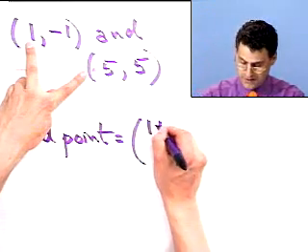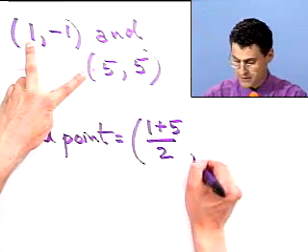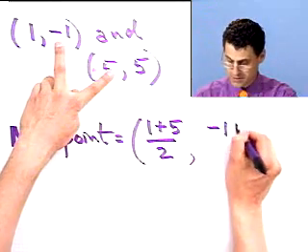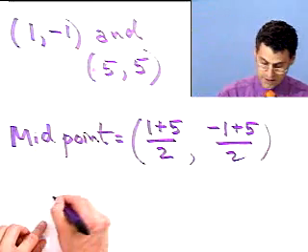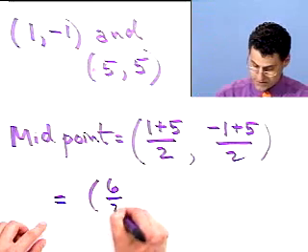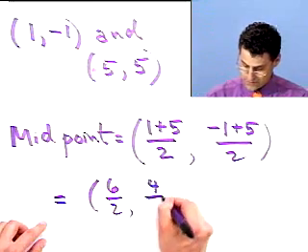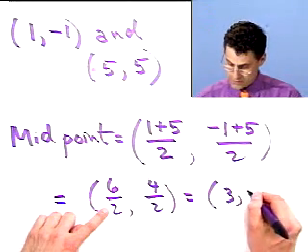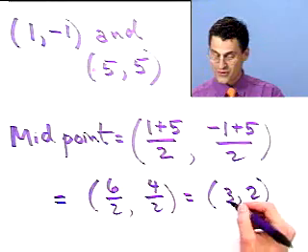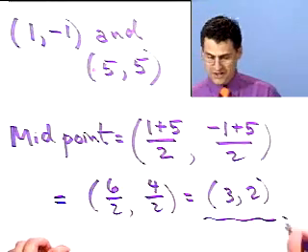So I add 1 plus 5 and divide it by 2. And then I average the y's, minus 1 plus 5 divided by 2. And that would equal 6 over 2 and 4 over 2, which would be the point 3, 2. 3 comma 2. That should be the midpoint.